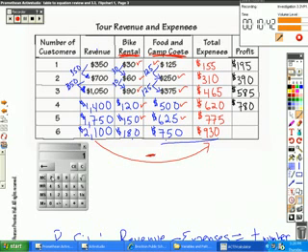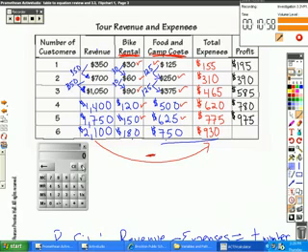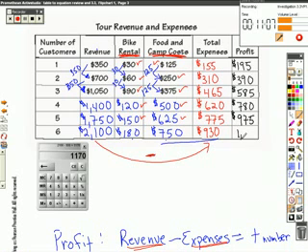And 1,750 minus 775 equals 975. So you can see the more people that I get, the more money that I am making. 2,100 minus 930, 1,170. Okay, so there goes my completed table.